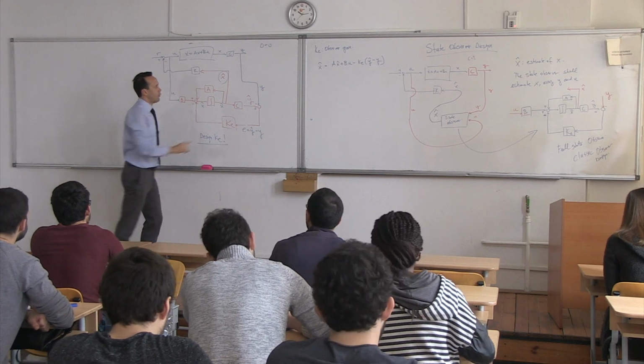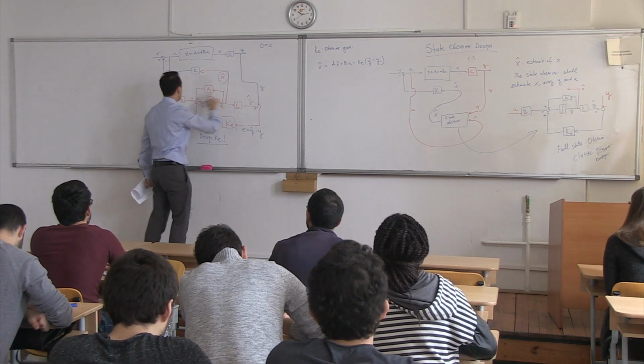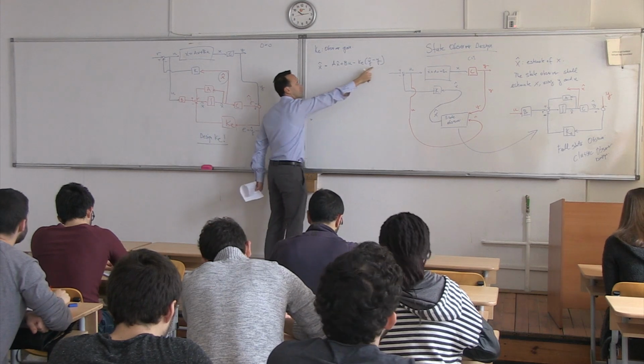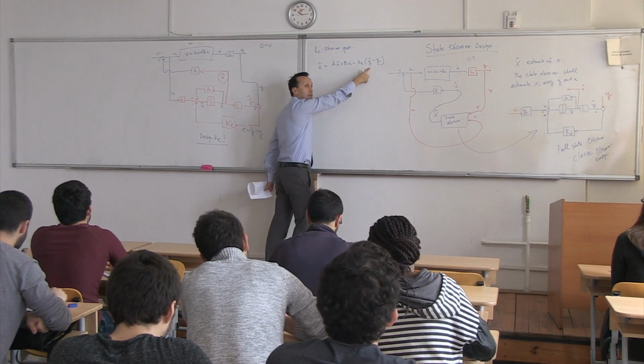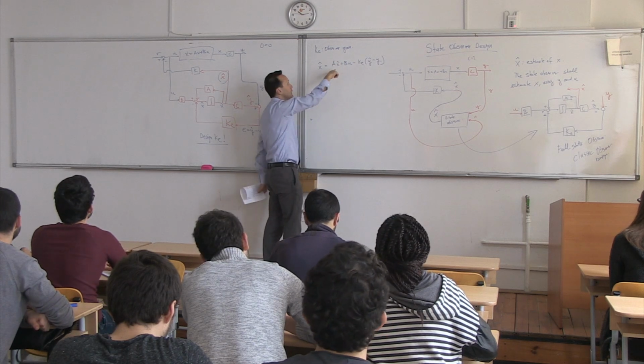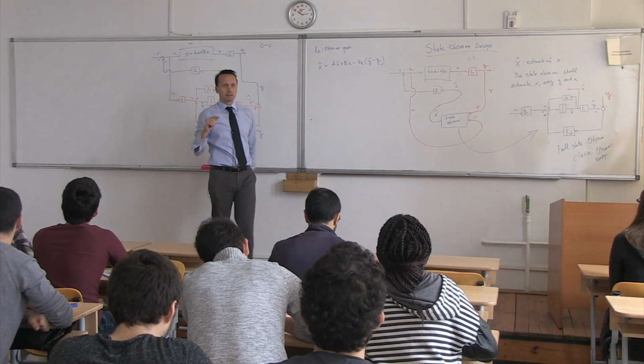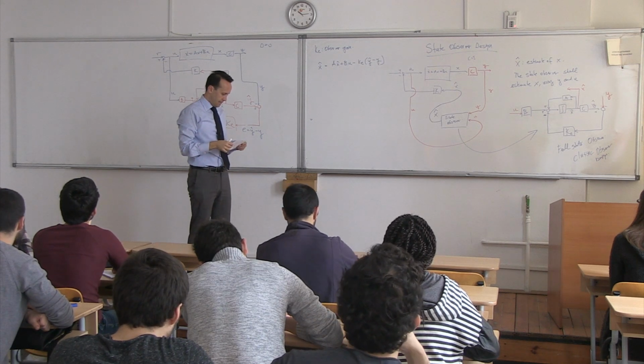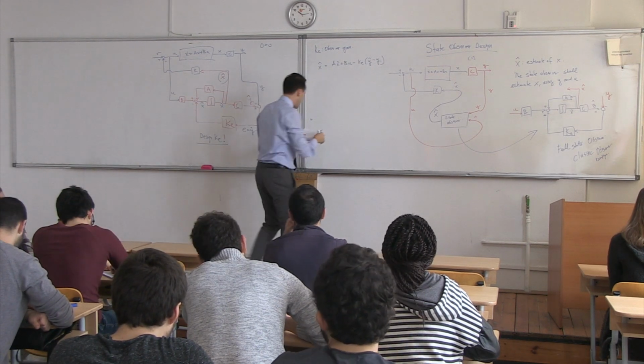Is that okay? y is the real measurement. u is the actual control that I know, right? So they don't have hats. y hat is the estimate of the measurement, and x hat is the estimate of the state. Okay?